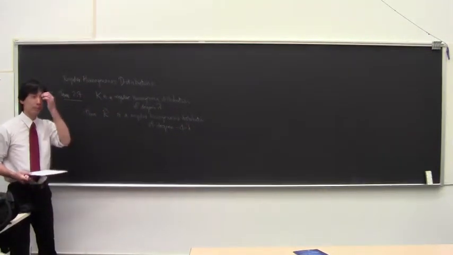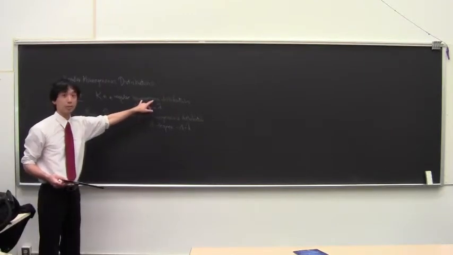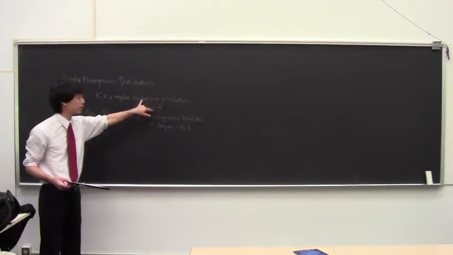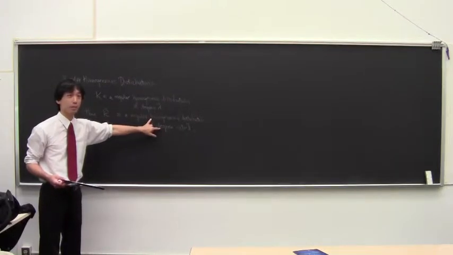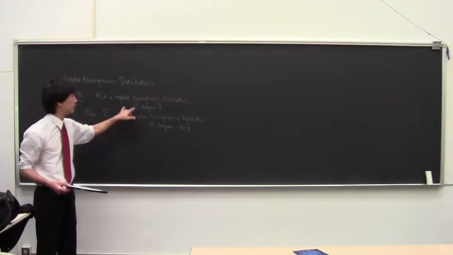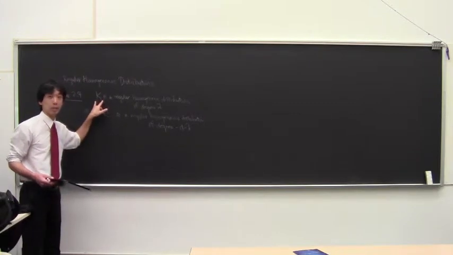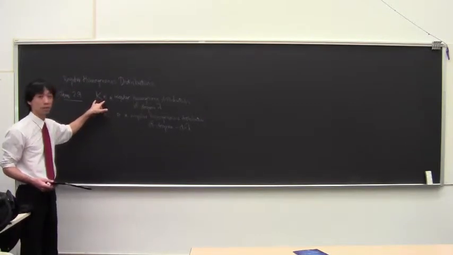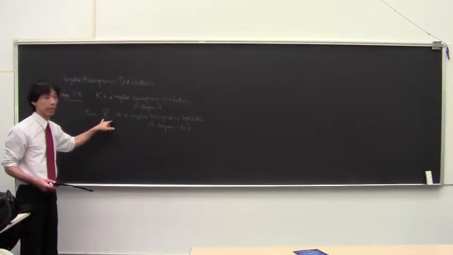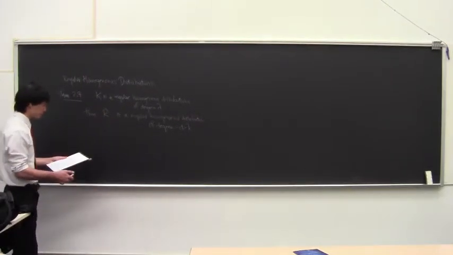Most of this we've done already: if you take the Fourier transform of a homogeneous distribution of degree lambda, you get a homogeneous distribution of degree negative d minus lambda. The main difference here is this word regular. That is, if K agrees with a smooth function away from the origin, then K hat does also. So that's the main thing.